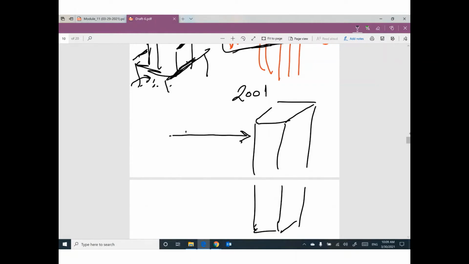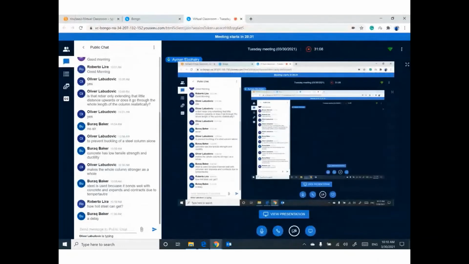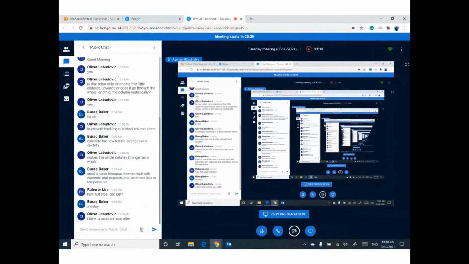My question is, do you think once the plane hit the tower, collapse happened, or there is a time around a few minutes, 30 minutes, 45 minutes? Anybody remember what happened? Once the plane hit the tower, did the collapse happen, or did the collapse happen after a period of time?